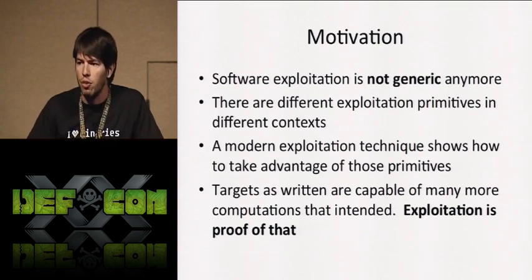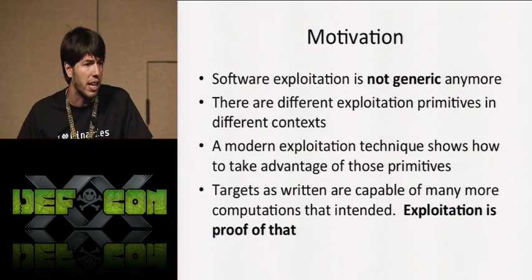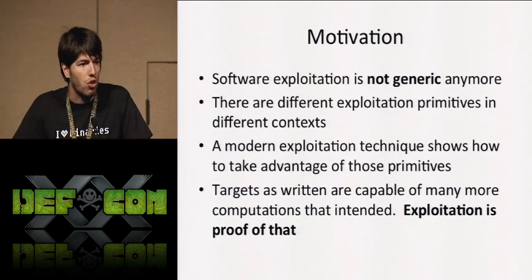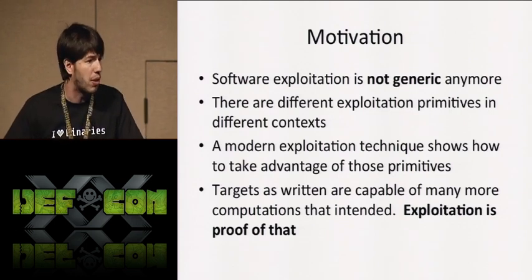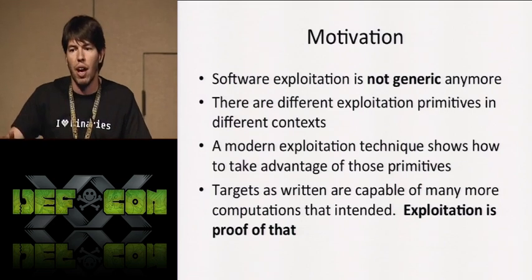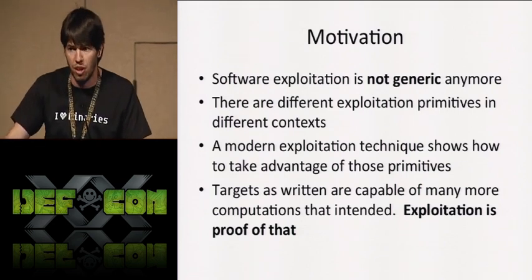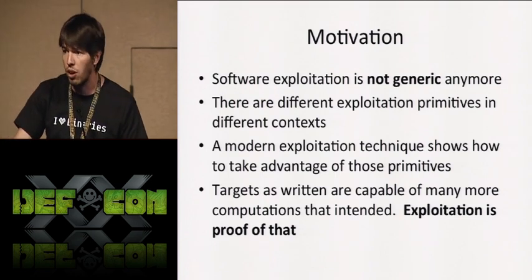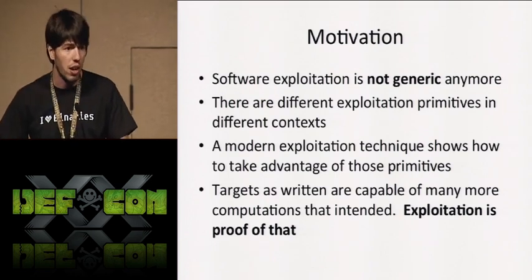So exploiting software nowadays completely depends on the software we are exploiting, on the state of the software. There is no generic anymore. A modern exploitation technique, such as the one that we're demonstrating here, will need to have some primitives established, and these primitives need to exist on the target software, and we're going to use that to actually leverage code execution.